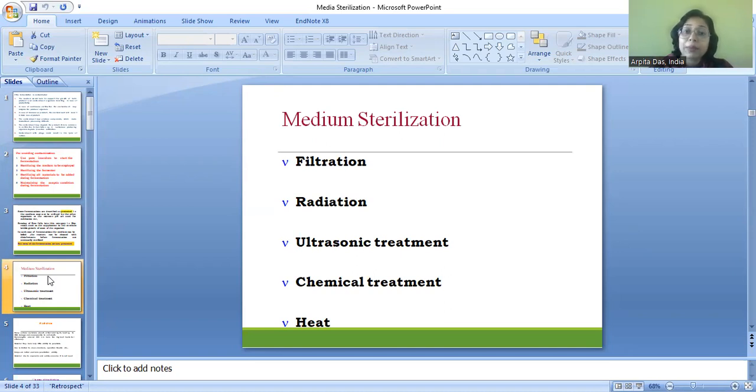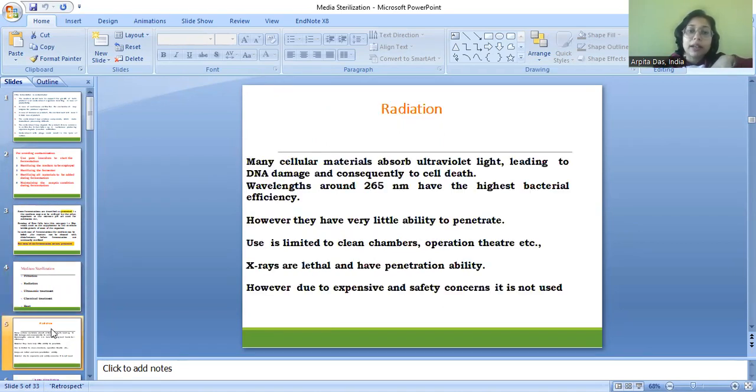Ultrasonic treatment can also be used. Among different chemicals, for surface sterilization we can use alcohol. Some other chemicals are also there; we will study them separately. As well as heat, dry heat as well as moist heat under pressure can be utilized for media sterilization. So sterilization of media is one of the most important criteria under upstream processing.